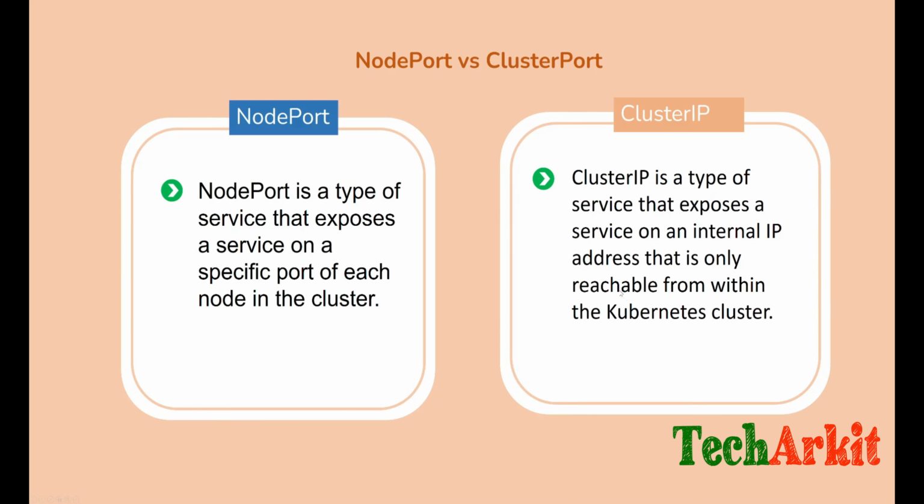So what is ClusterIP? ClusterIP is a type of service that exposes a service on an internal IP address that is only reachable from within the Kubernetes cluster. So that is the major difference between NodePort and ClusterIP.